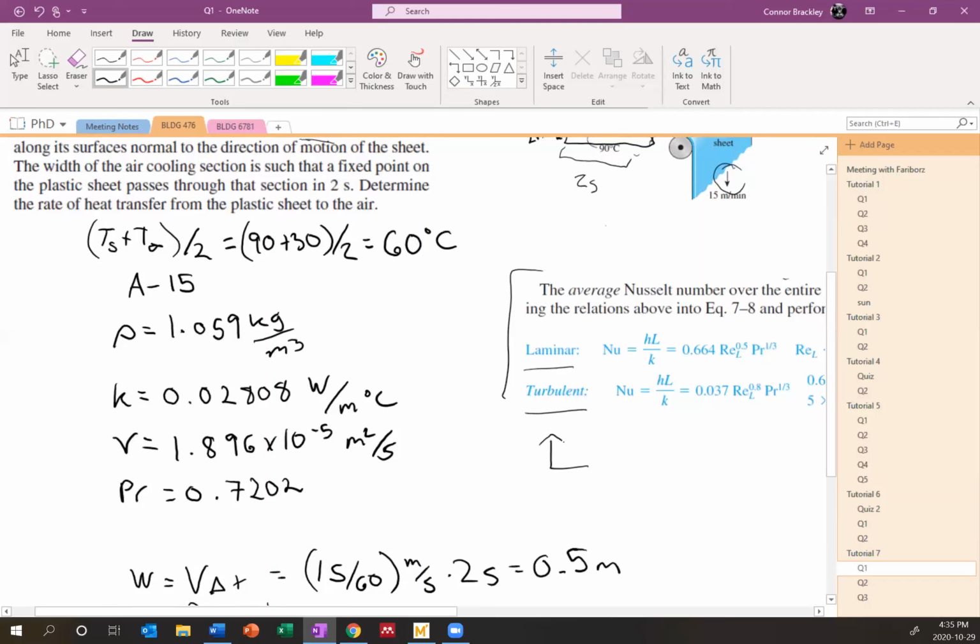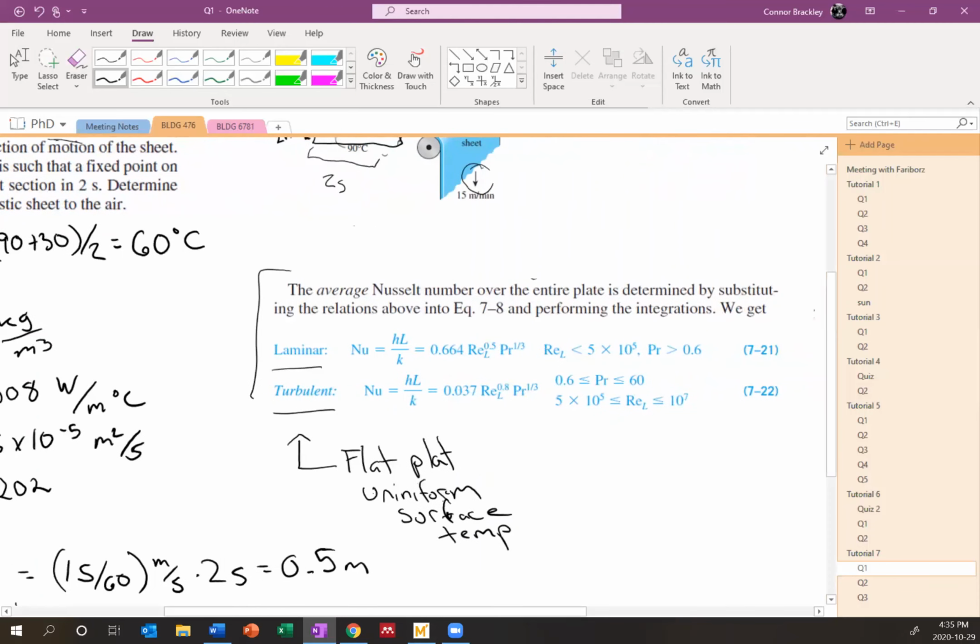And all of these are only for a flat plate and only with a uniform surface temperature. So for other situations, you'll have different equations. So it's a matter of familiarizing yourself with which ones matter.